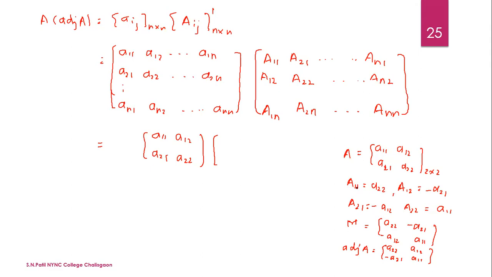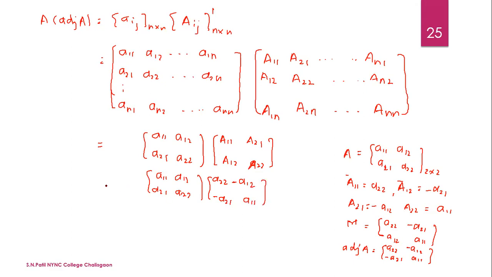The first row of the cofactor matrix becomes a column in the transpose, and the second row becomes the second column. Writing the actual entries of the adjoint: A22, minus A12, minus A21, A11. Here, see, these are the minus signs.